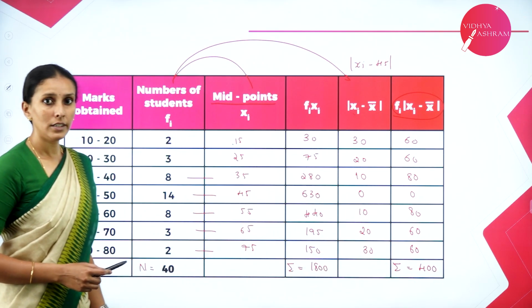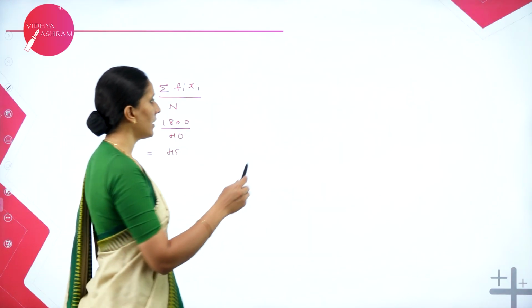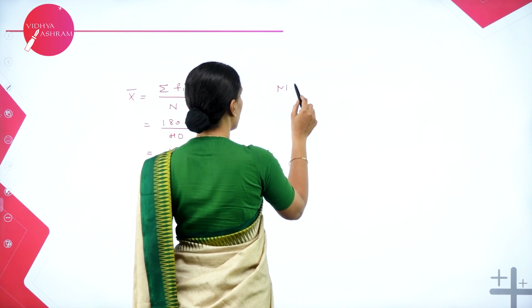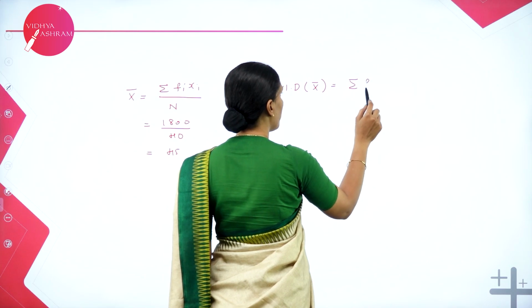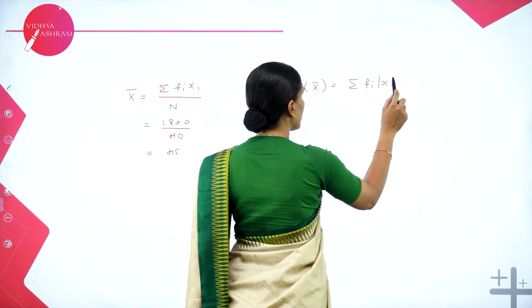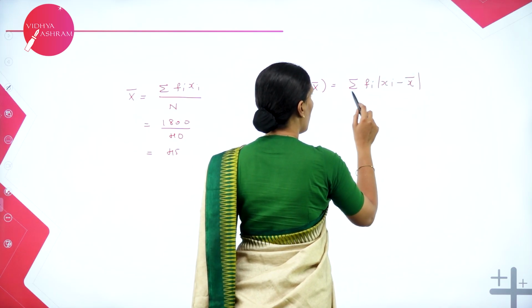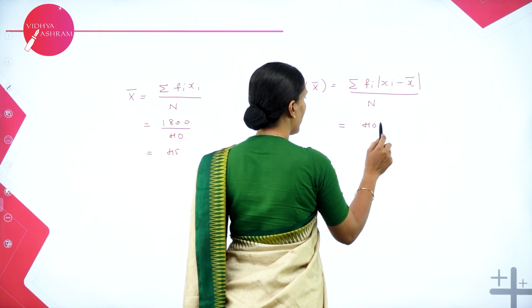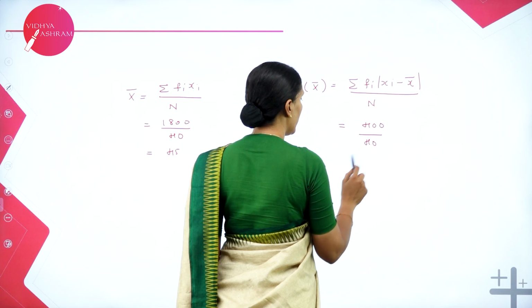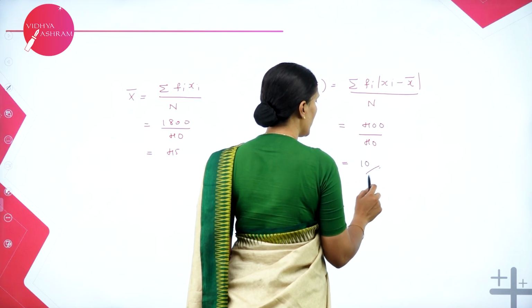Now that you have the last column, you can find the mean deviation with respect to the mean, that is summation fi modulus of xi minus x bar divided by n, which is equal to 400 divided by 40. Hence the mean deviation value is 10.